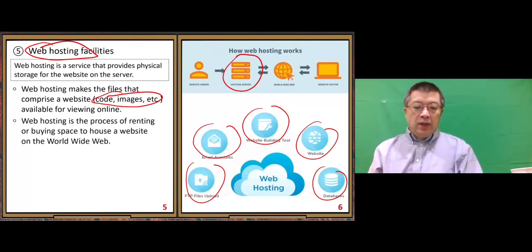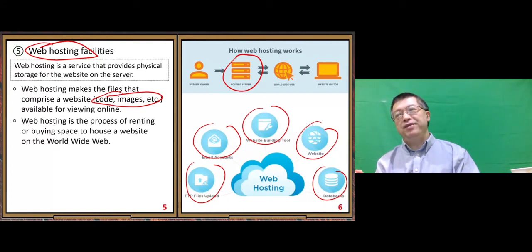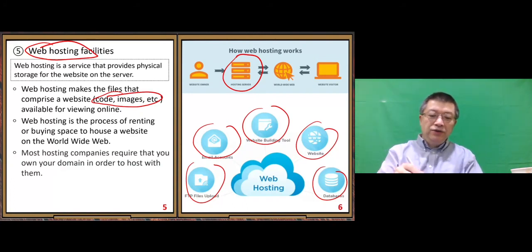Renting, buying space. I did that. I remember the renting fee was less than $10 per month, very cheap. Most hosting companies require you to own your own domain name.